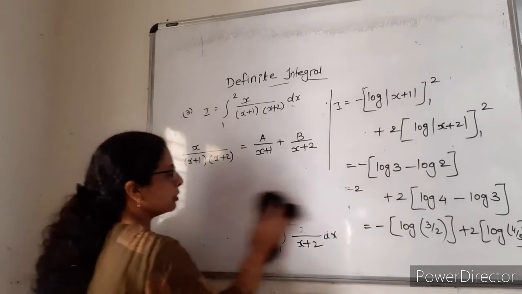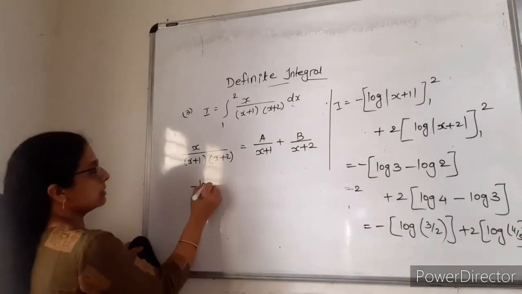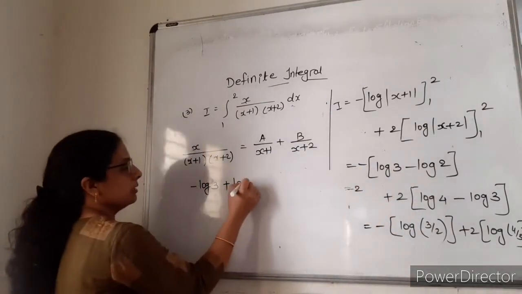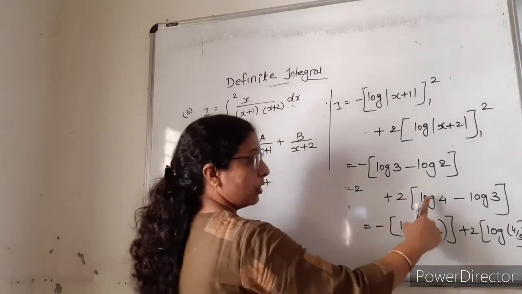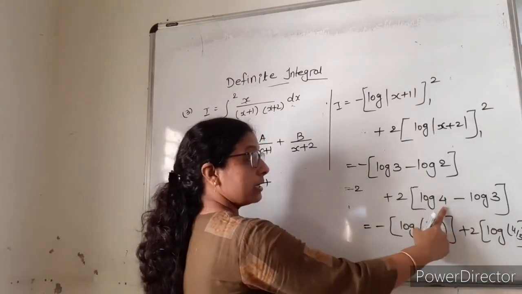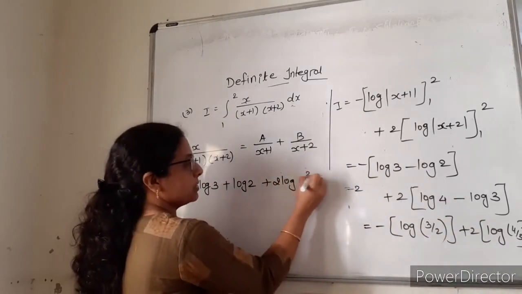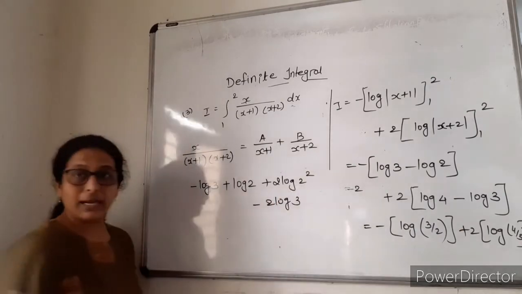Here what to do is, here it is minus log 3 minus minus plus log 2 plus 2 log 4. So here 4 is 2 square. So 2 log 2 square minus 2 log 3. You can write like this.